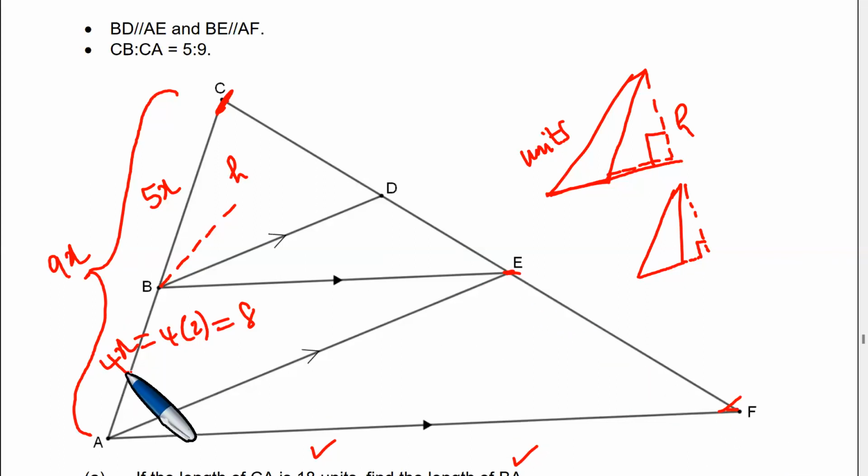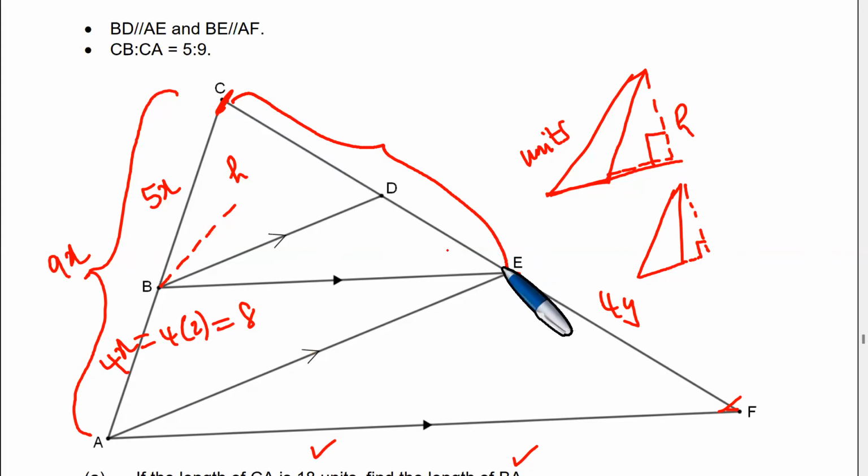This one is already 4x. So we can call this one y, and call this one x and this one y. The y's go together, then we can have the z's as well. So we are in business.